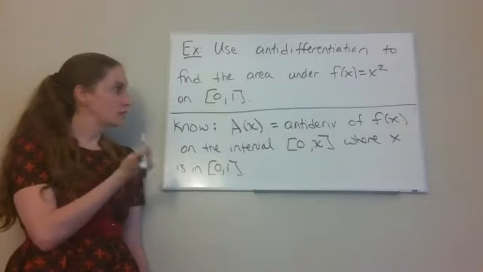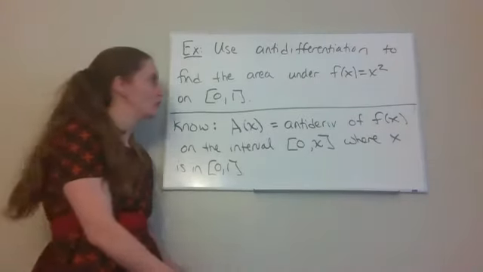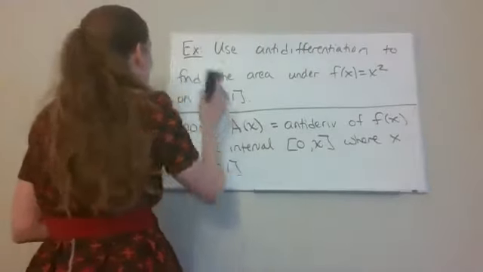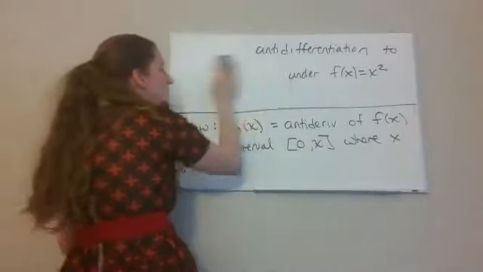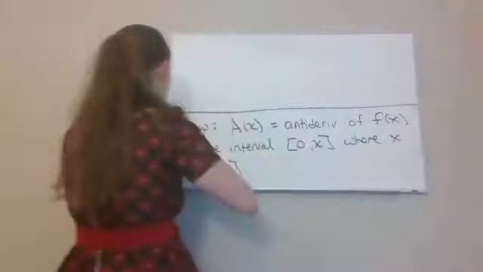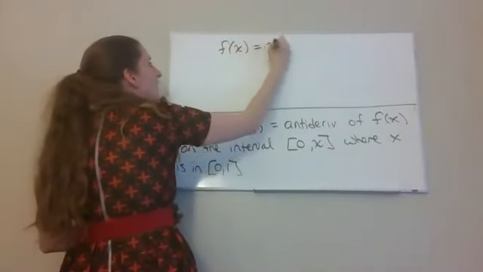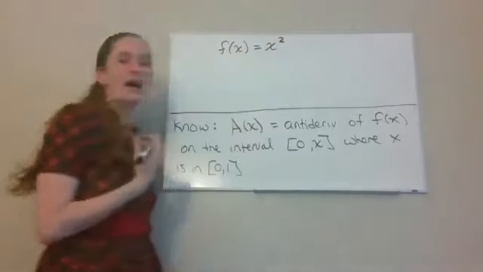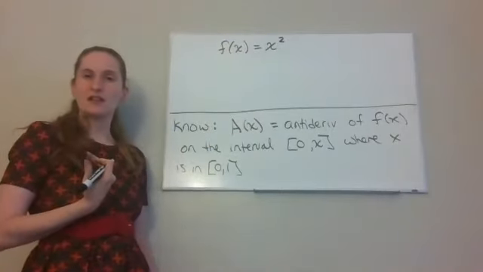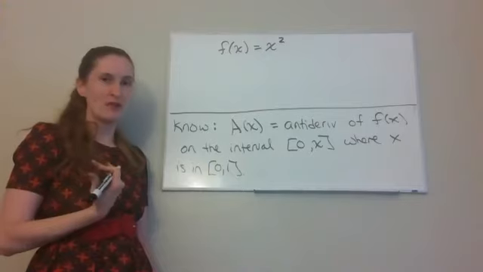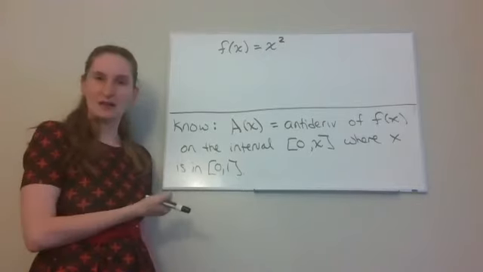Well, okay, let's try to find an antiderivative. What I'm trying to find is, if f of x is x squared, I want a function that when I take the derivative of it, my answer will be x squared.